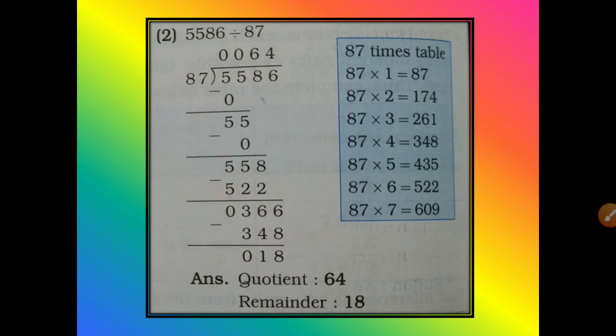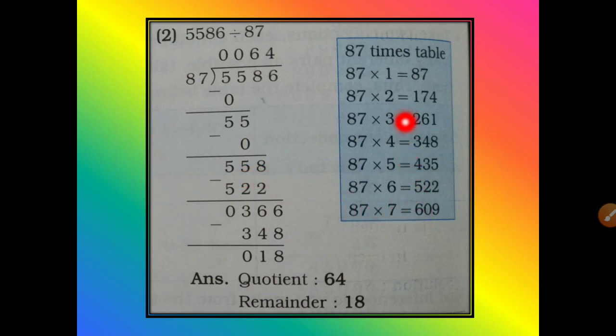For that we need to write the table of 87. 87 ones are 87. 87 twos are 174. 87 threes are 261. 87 fours are 348. 87 fives are 435. 87 sixes are 522. 87 sevens are 609. Now we want which number? 558.